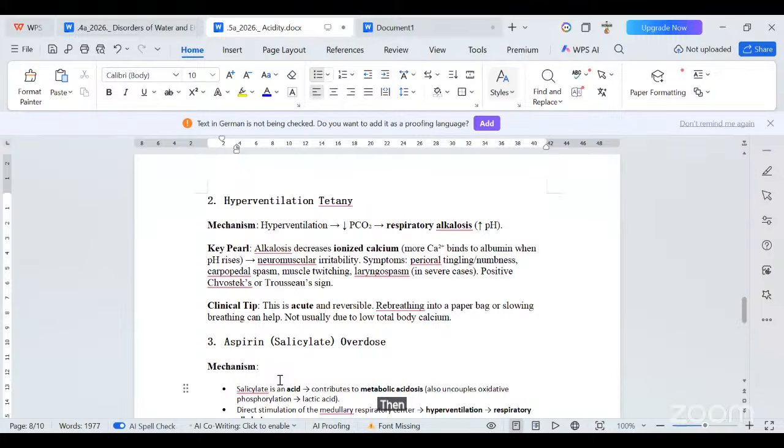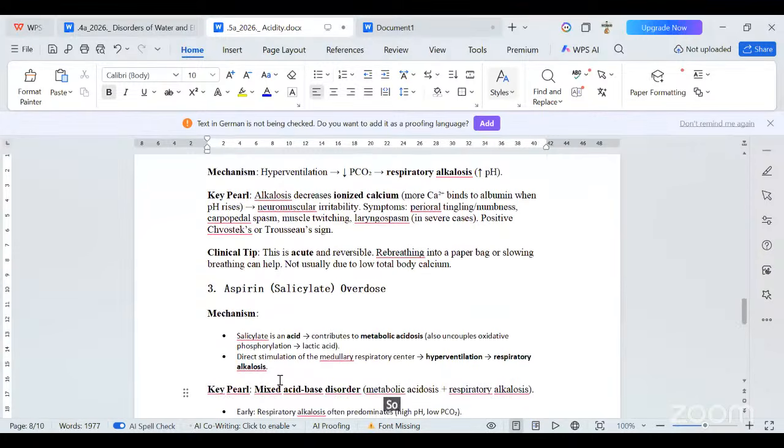Then there's aspirin overdose. Aspirin is like a painkiller that is often abused. So what happens in aspirin overdose is that, because we saw the pH of aspirin is acidic, it contributes to metabolic acidosis.